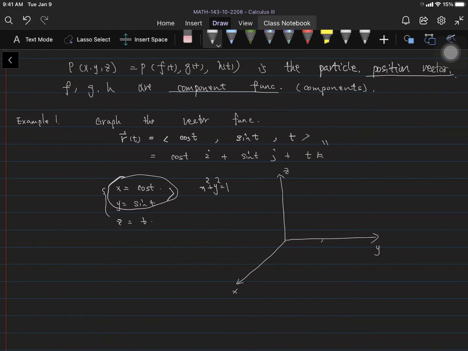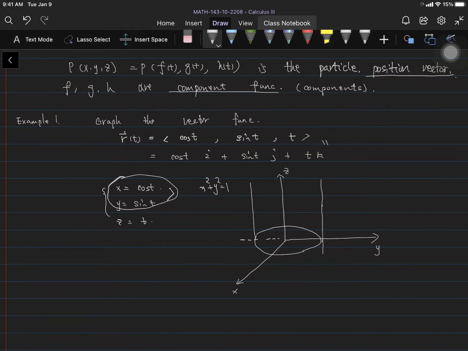So we know in the xy plane, this is a circle. And z, if z can be anything, it's kind of like a cylinder, like this one.